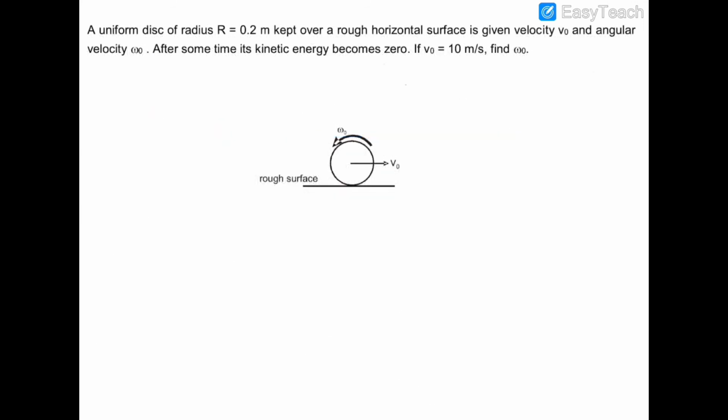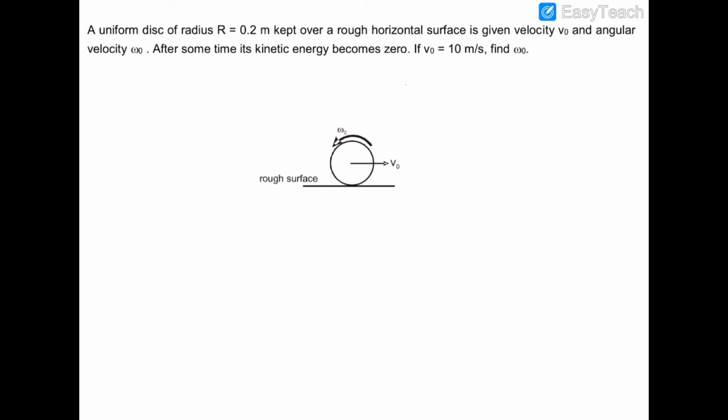In this question, it is given that there is a uniform disk of radius r which is 0.2 meters, and this disk is kept over a rough horizontal surface. This disk is given a velocity of v naught and angular velocity of omega naught in anti-clockwise sense.